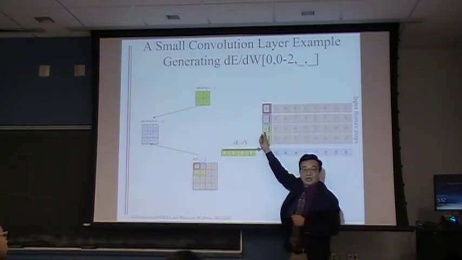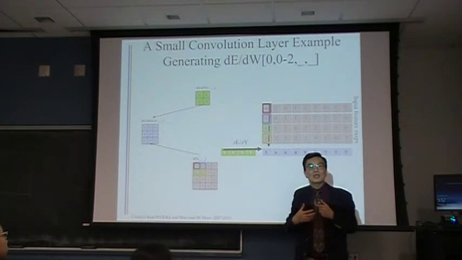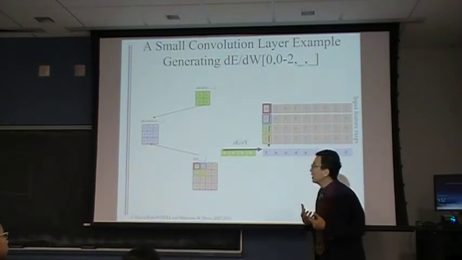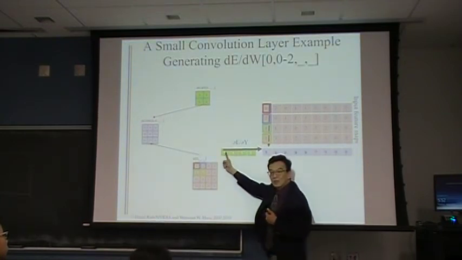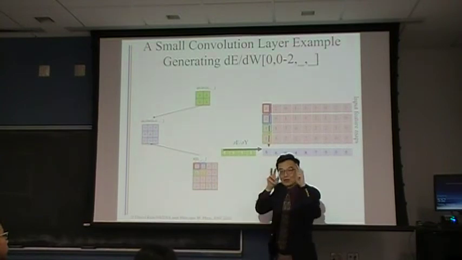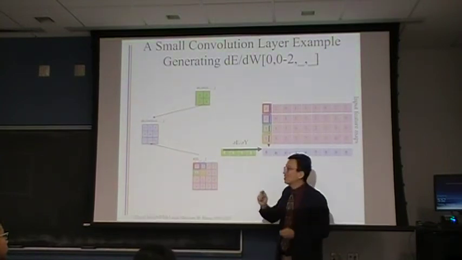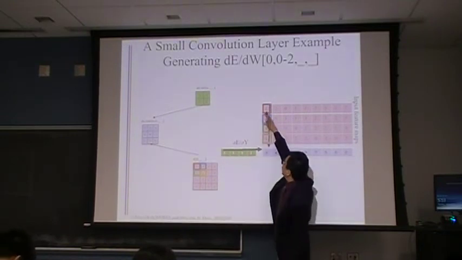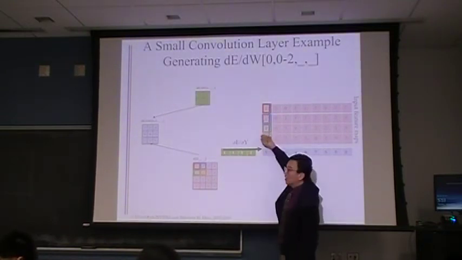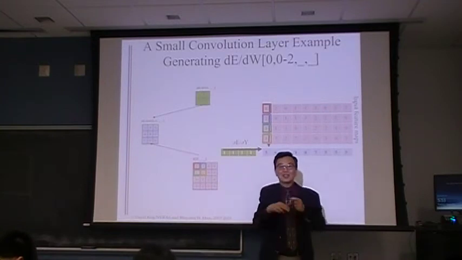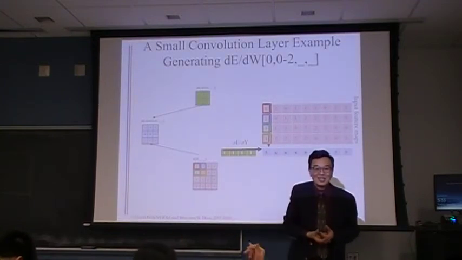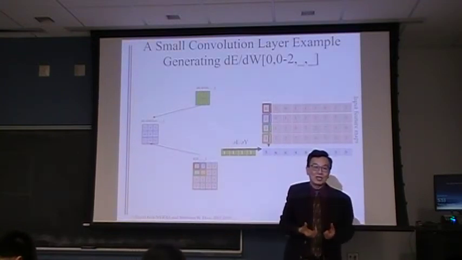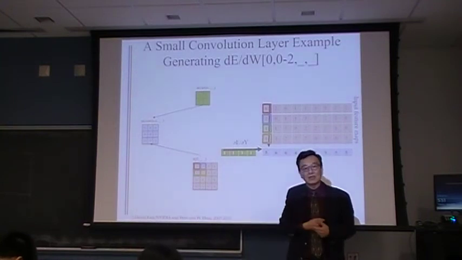Exactly, because you're replicating for every element in your convolution filter. So the number of elements here defines the length of this thing, and so it defines the amount of replication we need to make for the input elements.